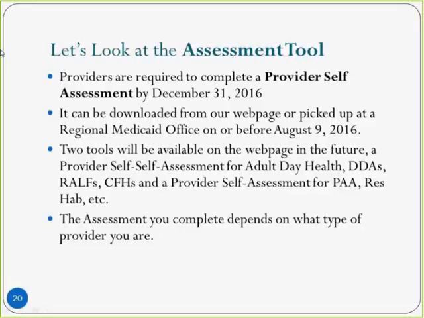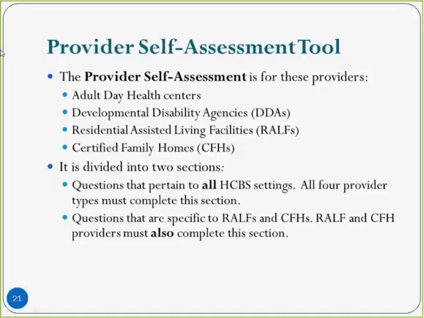We want to make sure that you have the right tools in order to comply with IDAPA rule and the federal regulations. So the provider self-assessment tool is for these providers. We went over them: the adult day health centers, developmental disability agencies, residential assisted living facilities, and certified family homes.